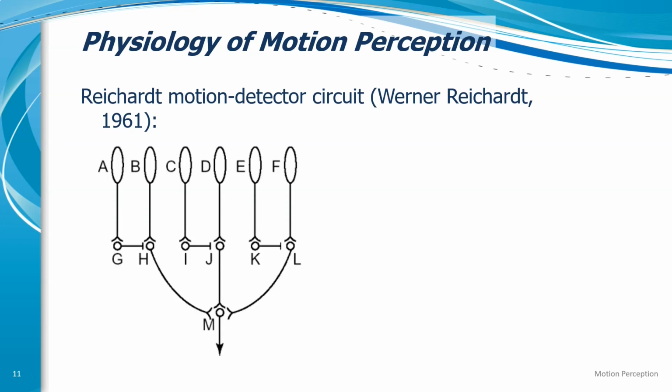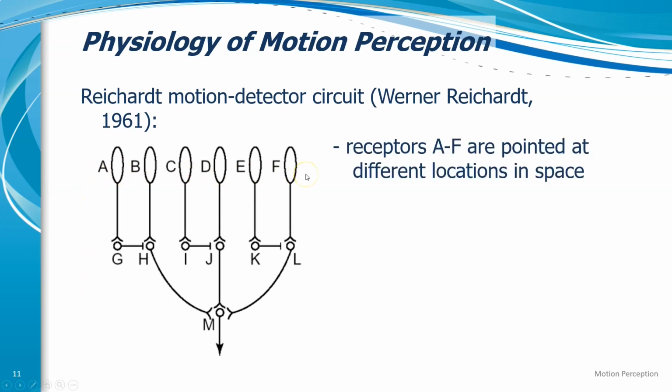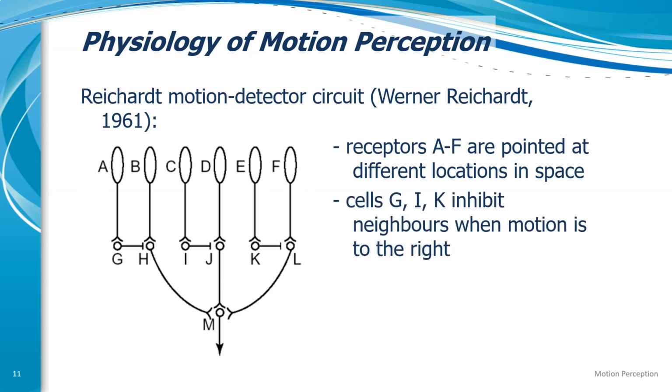I have to explain what you're looking at here a little bit. So we have these funny kind of shapes, A through F. Those are intended to be receptors. So they could be rods or cones, and they're pointed at different locations in space. They connect to cells G, I, and K, and those cells connect to their neighbors.